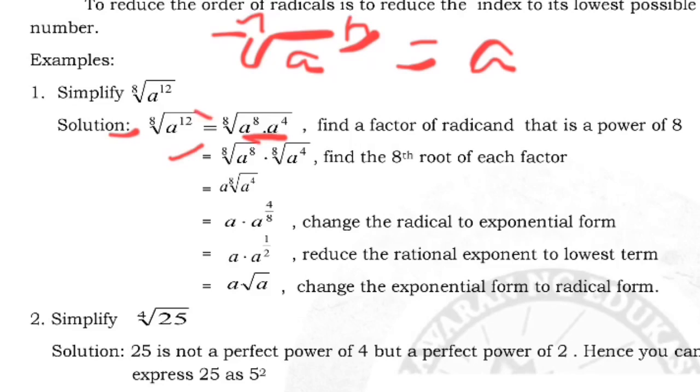So index 8 and exponent 8, we can apply this. The 8th root of a to the power of 8 is a. So our answer should be a times the 8th root of a to the power of 4.